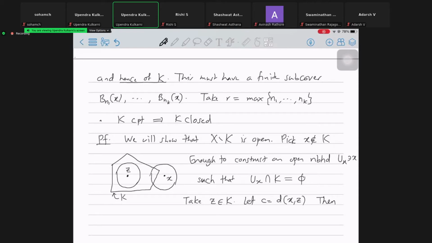So around X, I can take a ball of radius C by 2. But what about around Z?